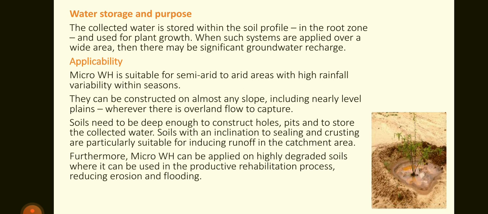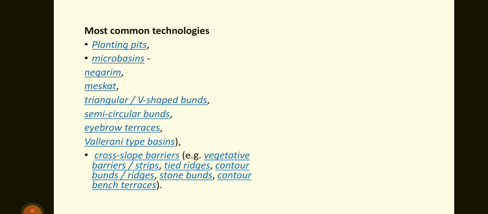Soils with an inclination to sealing and crusting are particularly suitable for inducing runoff in the catchment area. Furthermore, micro water harvesting can be applied on highly degraded soils, where it can be used in productive rehabilitation processes, reducing erosion and flooding.